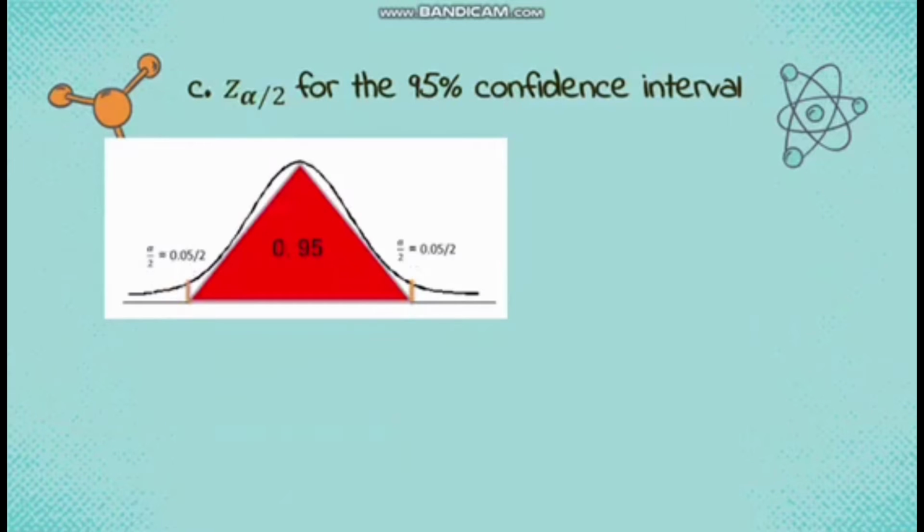So the remaining 5% is divided between the left and right of our Z. 1 minus 0.95 is equal to 0.05. That is the value of our alpha. 0.05 over 2 is equal to 0.025. So that is the value of our left and right Z.